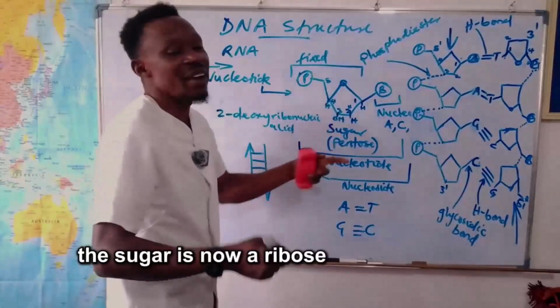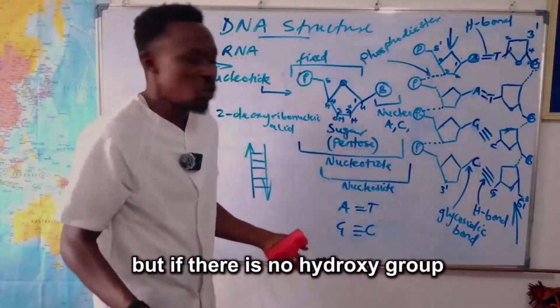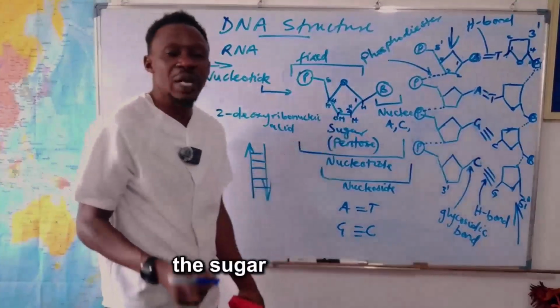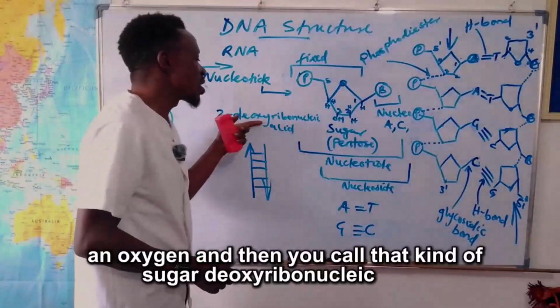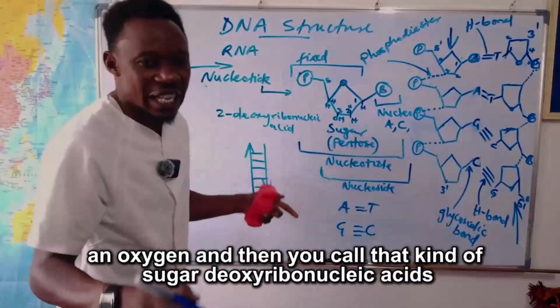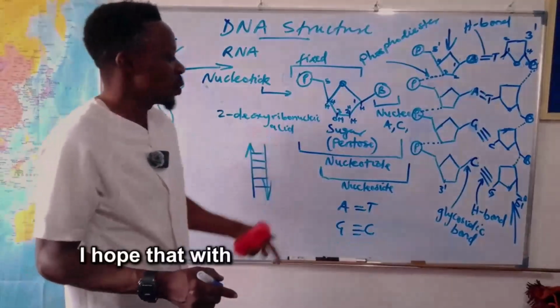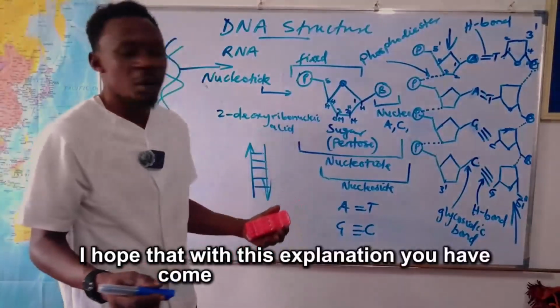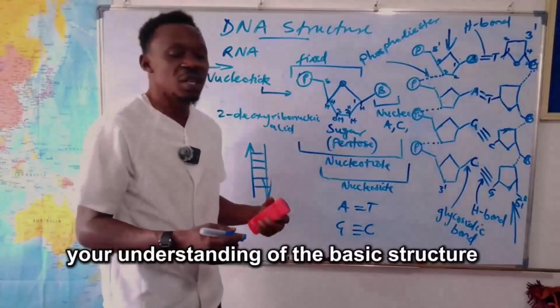The sugar is now a ribose because it has a hydroxyl group. But if there is no hydroxyl group, it's just a hydrogen group, the sugar is missing an oxygen, and then you call that kind of sugar deoxyribonucleic acids. All right. So I hope that with this explanation, you have come up to speed with your understanding of the basic structure of DNA.